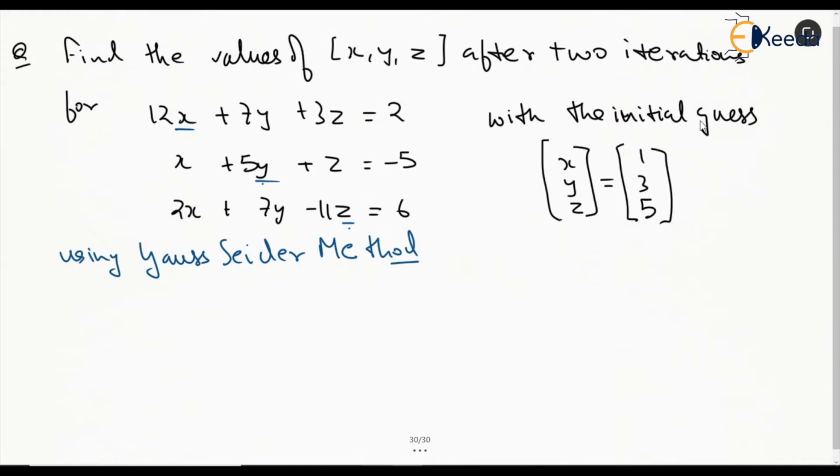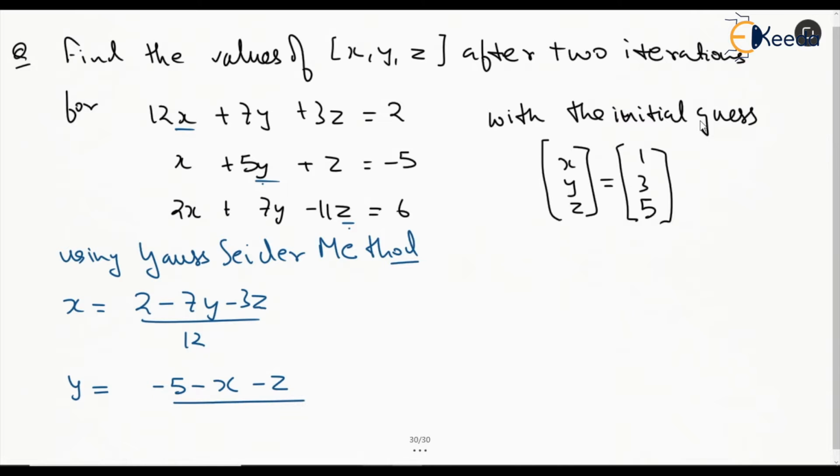Then x becomes (2 - 7y - 3z)/12, y becomes (-5 - x - z)/5, and z becomes (6 - 2x - 7y)/(-11). So these are the variables coming from the equations in terms of other variables.